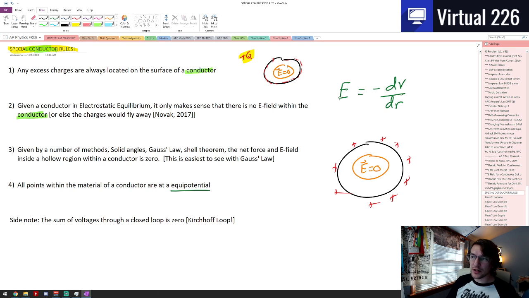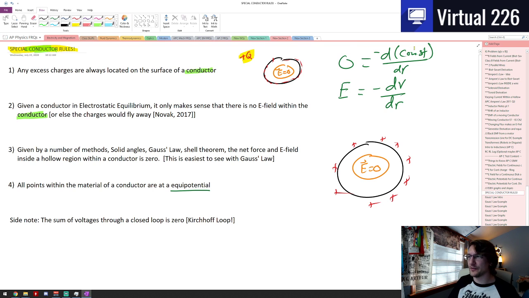If your electric field is 0, then the derivative of the voltage has to be 0, which means you're taking the derivative of a constant with respect to position.